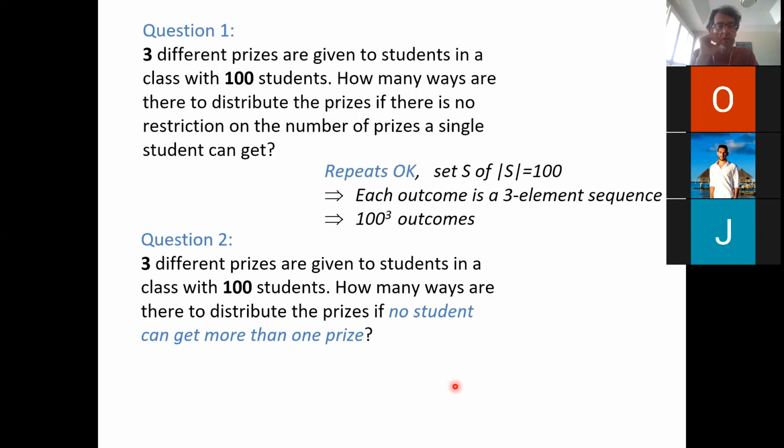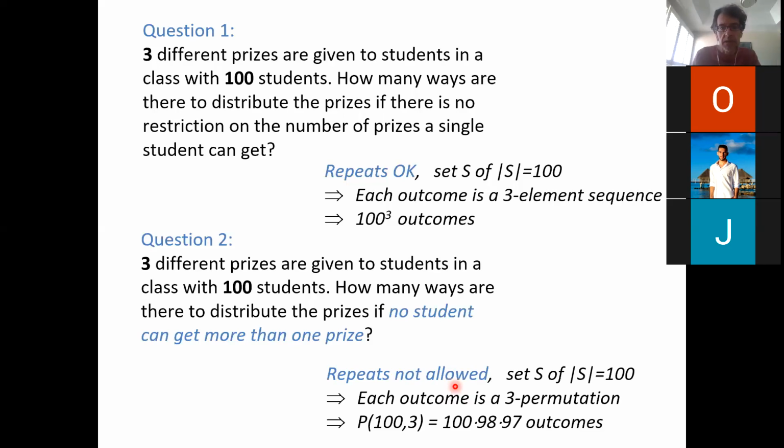And now what is it? 100 factorial over 97 factorial. Exactly, right? So it's a 3-element permutation out of a 100-element set. So 3 permutations. Exactly. So 100 factorial over 96 factorial.